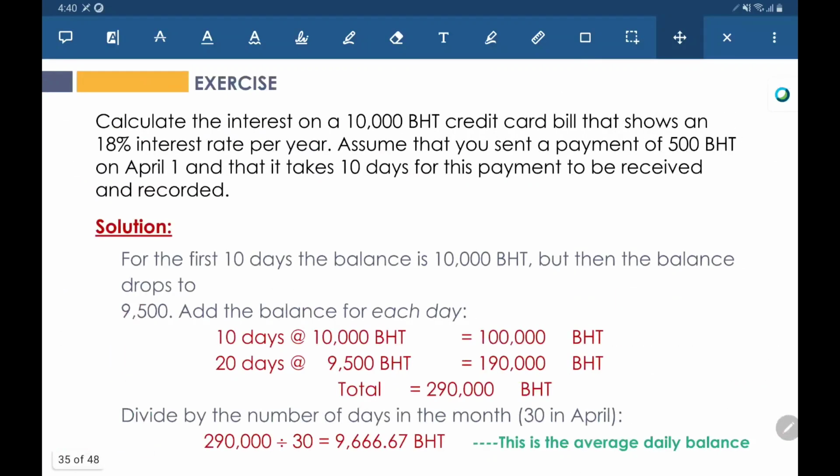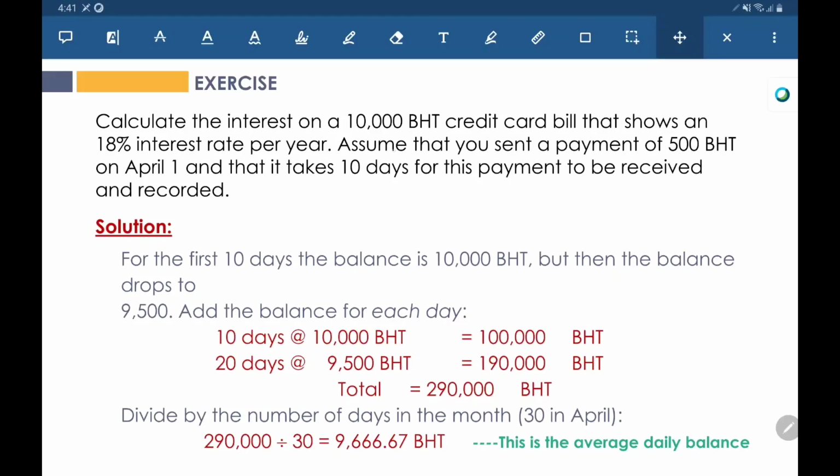So let's see an example of how they calculate your interest in case you didn't pay off your full balance. Just like this exercise: the interest on a 10,000 baht credit card bill with an 18% interest rate per year. Assume that you make a payment of 500 baht on April the 1st, and that it takes 10 days for this payment to be received and recorded.